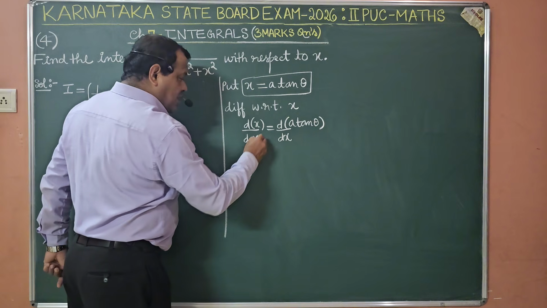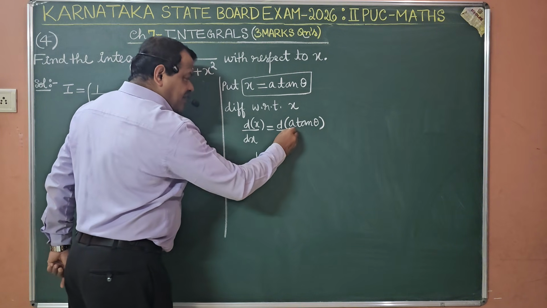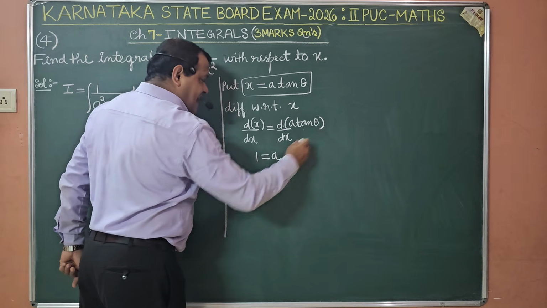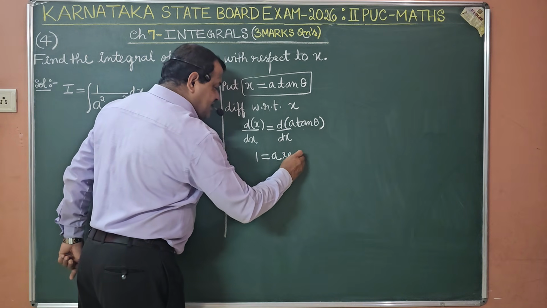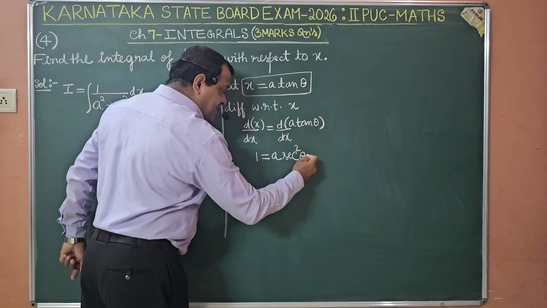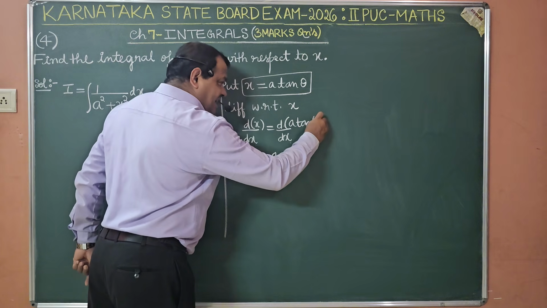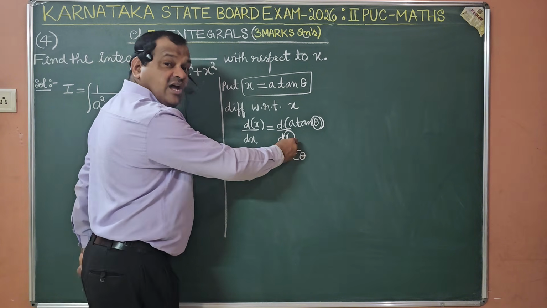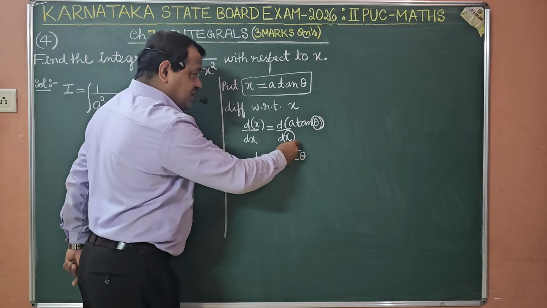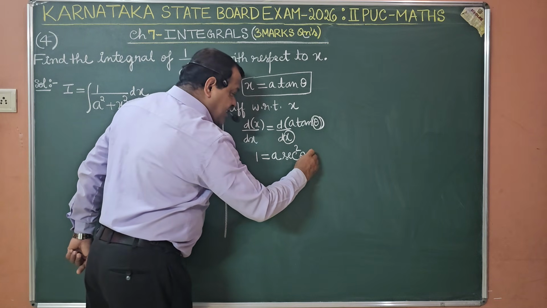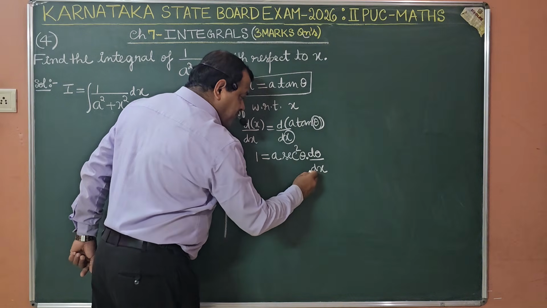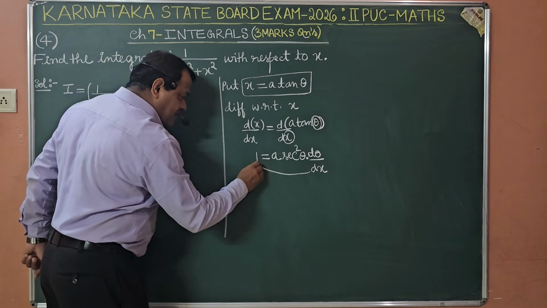d by dx of x is 1. d by dx of a constant. d by dx of tan theta is secant square theta into, since this theta and this x variables are different, it becomes implicit differentiation, so we should multiply by d theta by dx, or cross multiply this dx here.